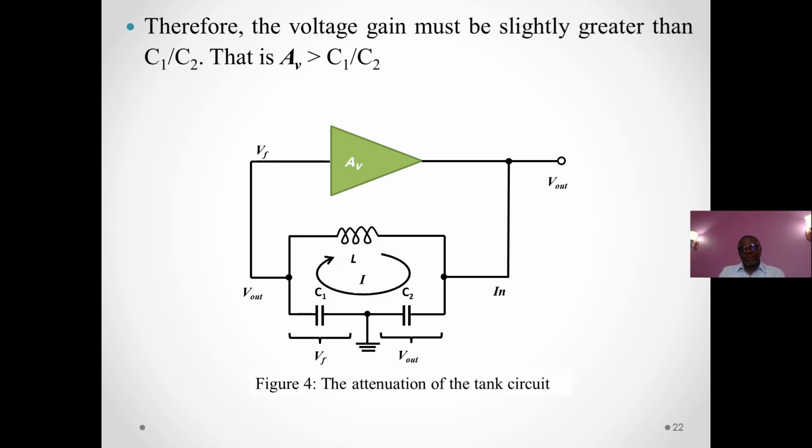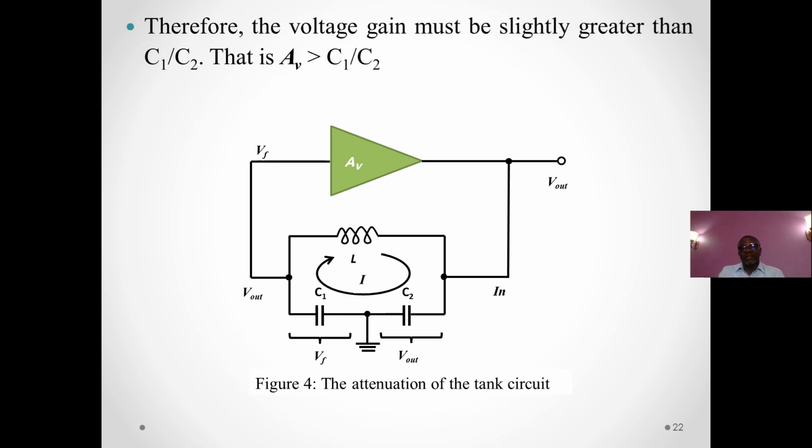And what happens in C1 is feedback. It comes out again and comes back to the tank circuit. And of course, the inductor there is helping to improve the reactance of what is happening at the tank circuit.